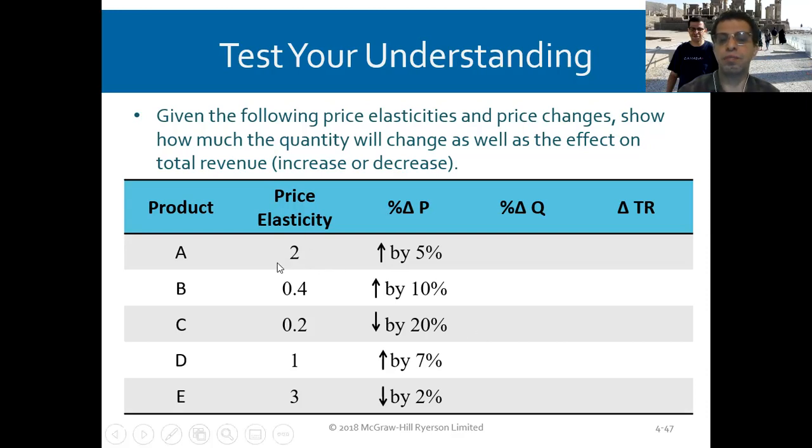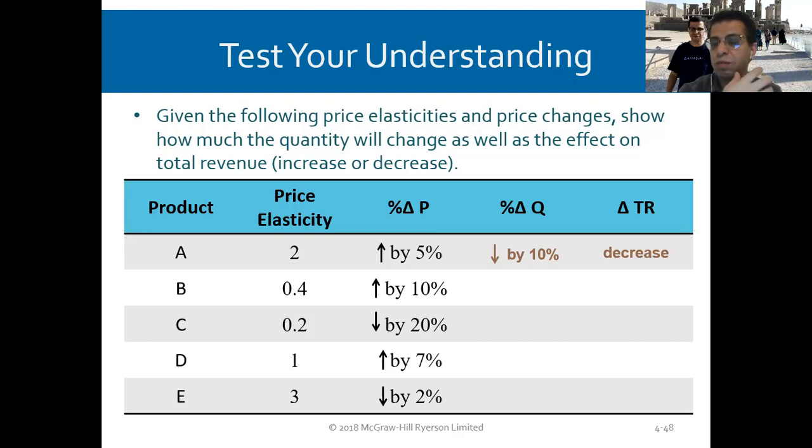And the price elasticity is 2. What we said is it's very high when it comes to 2. And you increase the price by 5%. Since the elasticity is 2 and they are sensitive to it, 2 multiplied by 5%, what happens here?